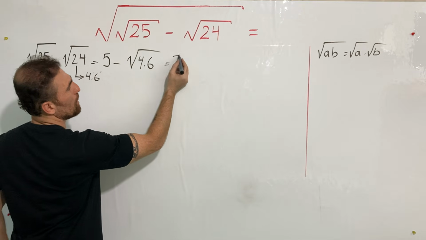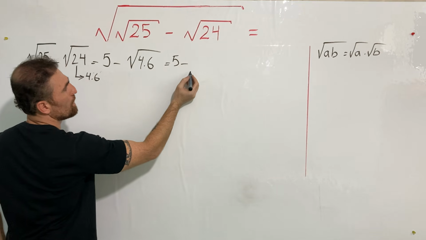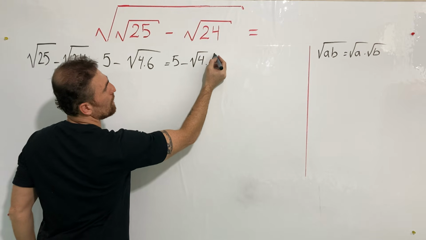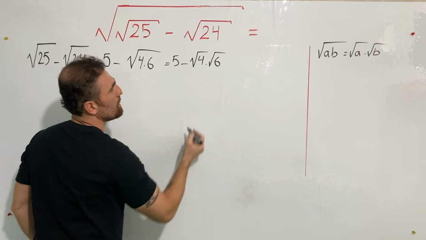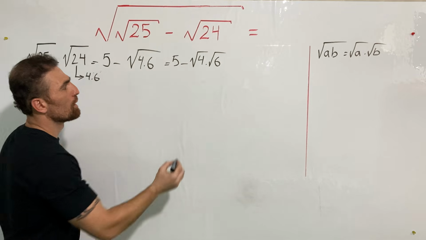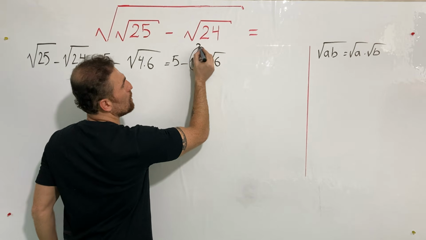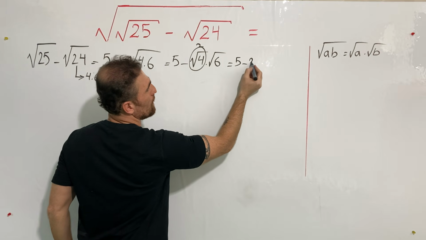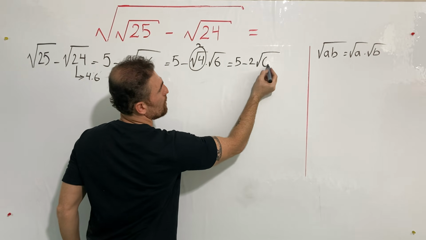Let's rewrite it. It's going to be 5 minus square root of 4 times square root of 6. As you know, 4 is a perfect square, so square root of 4 is 2. Let's write it: 5 minus 2 times square root of 6.